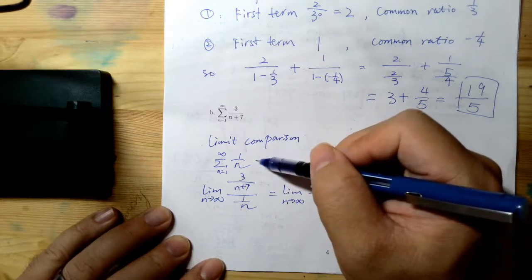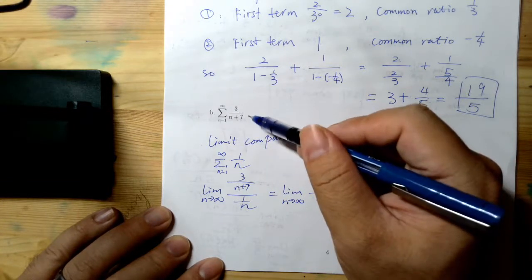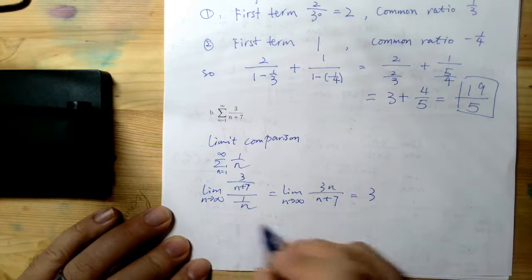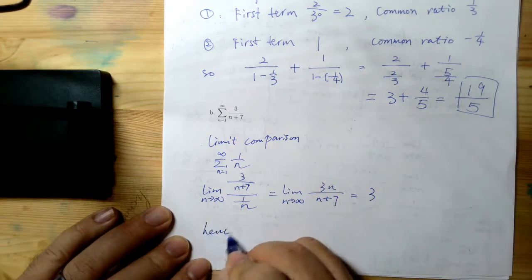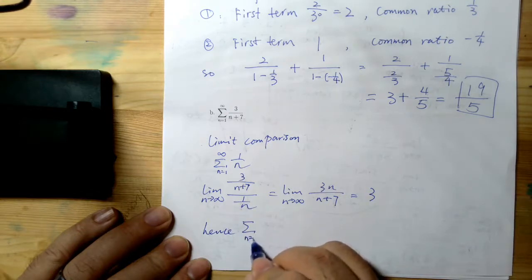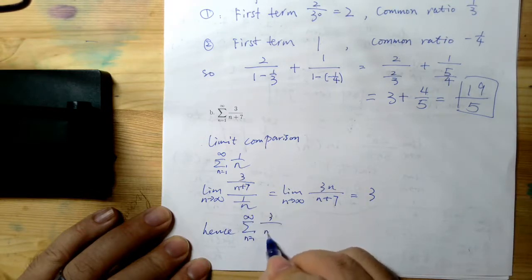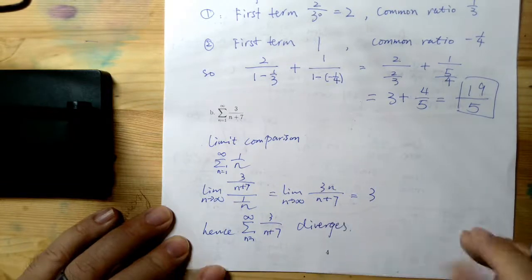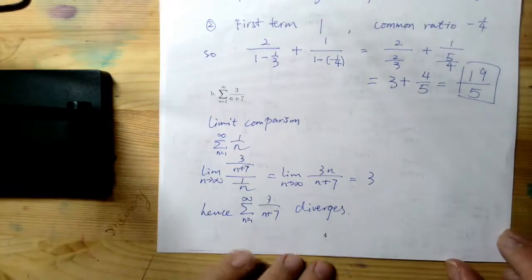Because the harmonic series diverges, so does this series. Hence it diverges. So this is the first method we can apply.